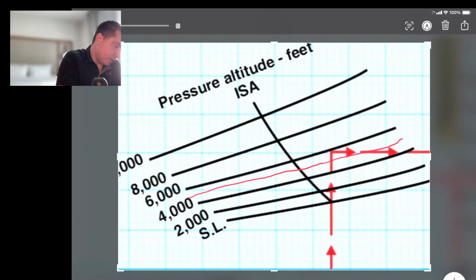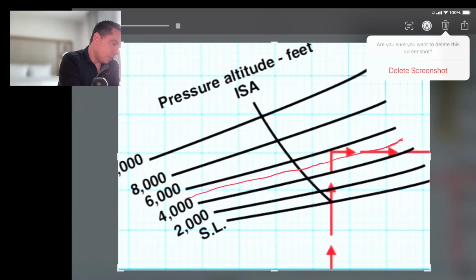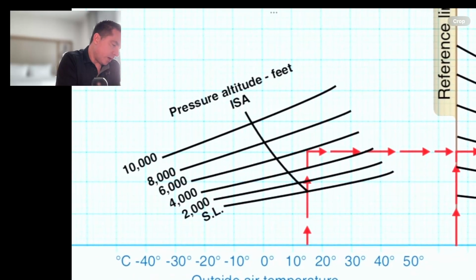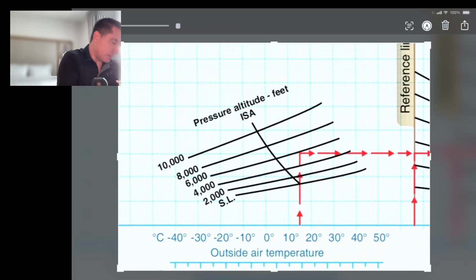That's not perfect, but say it's 5,000. At the 5,000 mark, you just go straight up with your temperature, wherever that line intersects. Let's say it was 10 degrees and 5,000. Where that line intersects, at that point, you'll very carefully go straight across to the next reference line, okay?